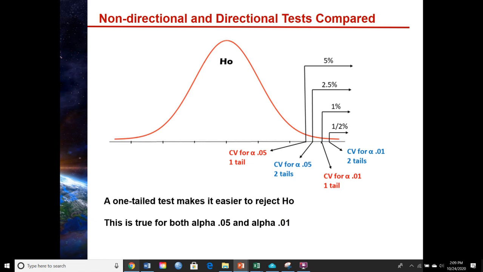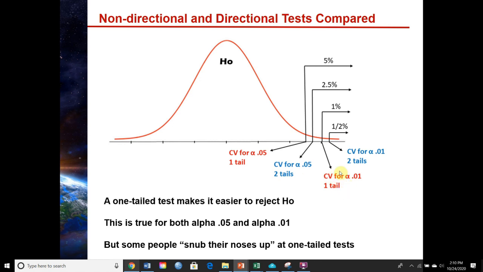Now, here's why I'm going to say don't automatically use a one tail test. Some people snub their noses up at one tail tests. They think you're making it too easy for yourself to reject H0 if you use a one tail test. Now, it's kind of ironic because these people are thinking it's always going to be harder to reject H0 with a two tail test. But in reality, what if you compared this one to this one?